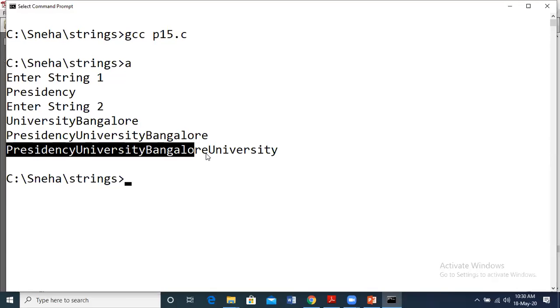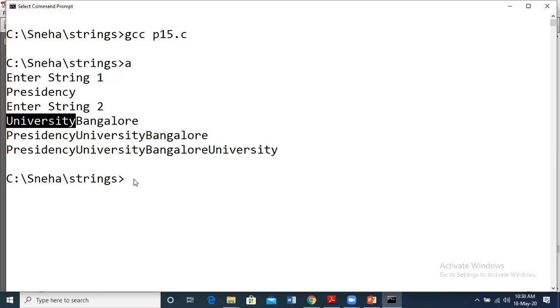Previously it was Presidency University Bangalore. To that, first 10 letters of string 2 is added. So entire string 1 is now Presidency University Bangalore University, right? So first one is strcat, Presidency University Bangalore. Now that was string 1. To that we are appending the first 10 letters, that is University.